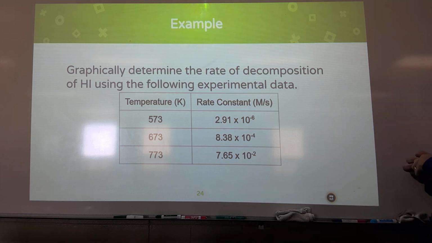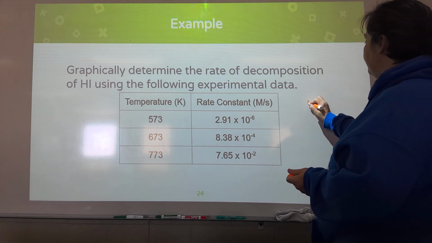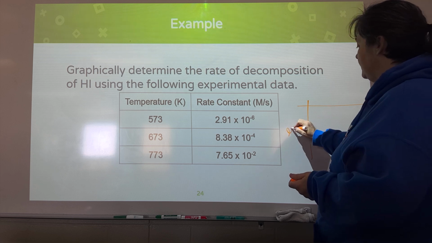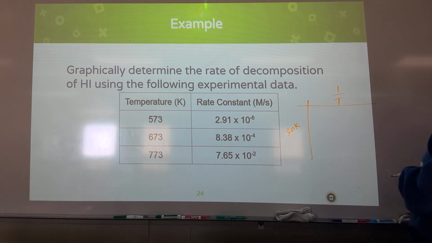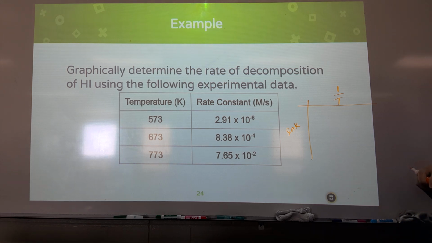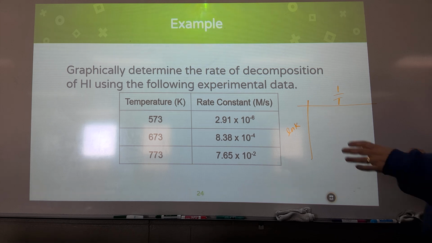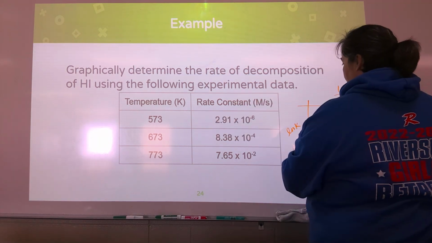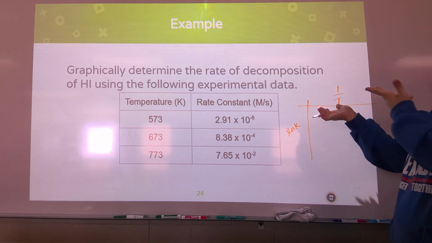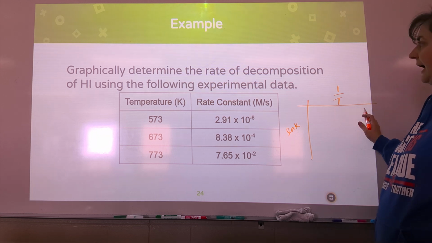And once I do that, I can graph the natural log of K versus 1 over temperature. So I'm going to take the natural log of my rate constant, take 1 over the temperature, and make 2 new columns in this table, and I'm going to graph this relationship.